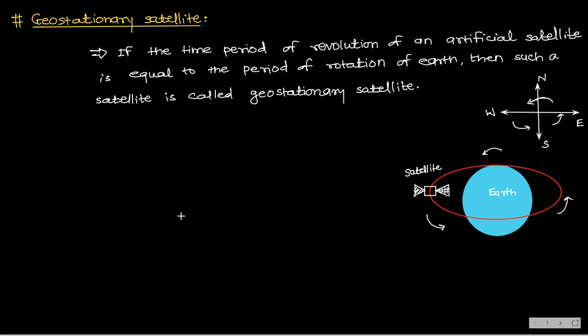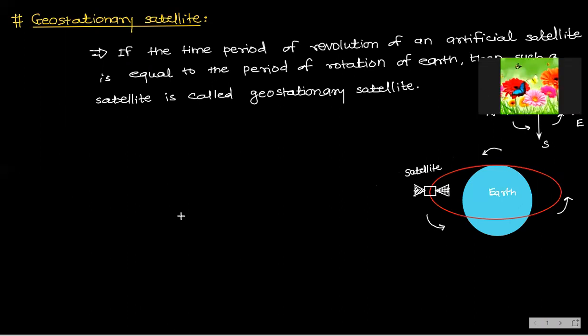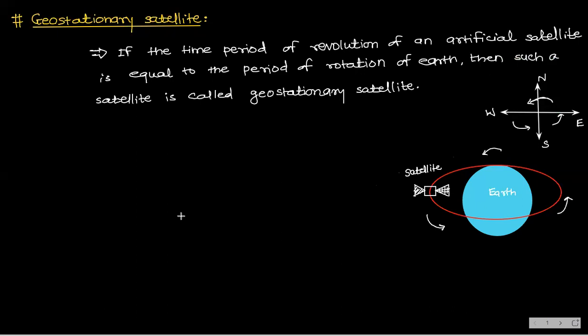So first of all, if the time period of revolution of an artificial satellite is equal to the period of rotation of Earth, meaning exactly 24 hours. If a satellite completes one revolution in 24 hours, then we can say it is a geostationary satellite. Is that clear?